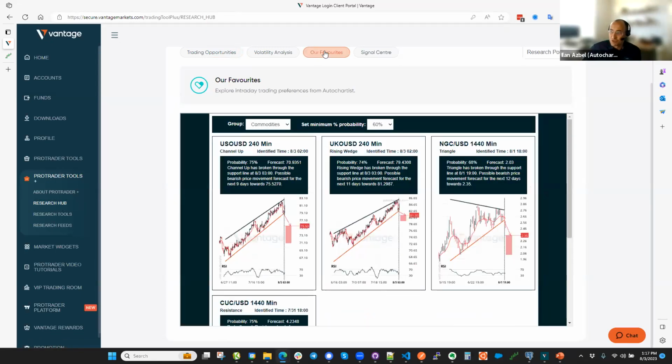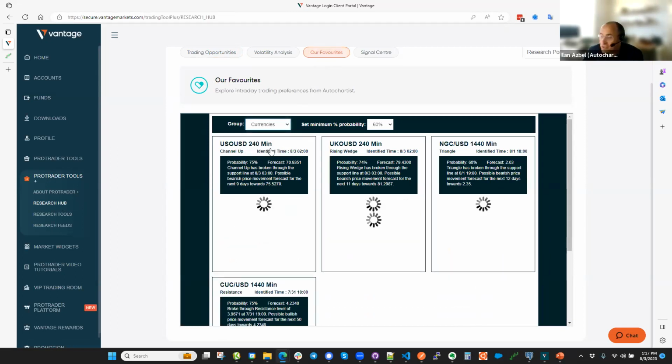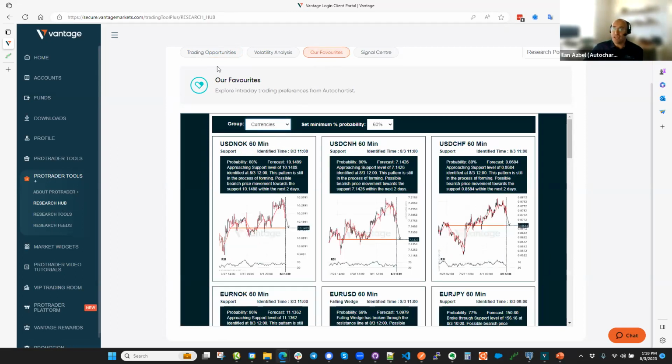And what this tool does is that it merges, let's just look at currencies, all the trading opportunities that are currently available on the market together with the stats and allows you to set a minimum probability of success.